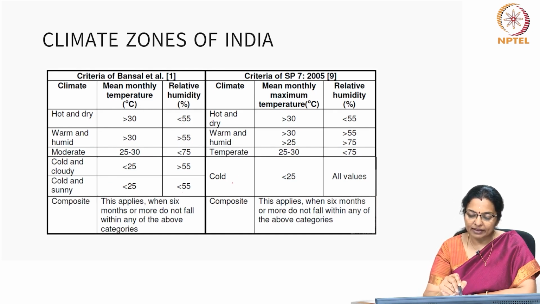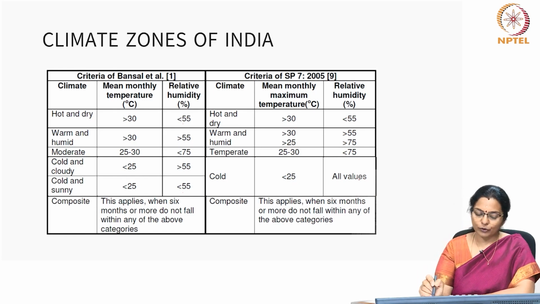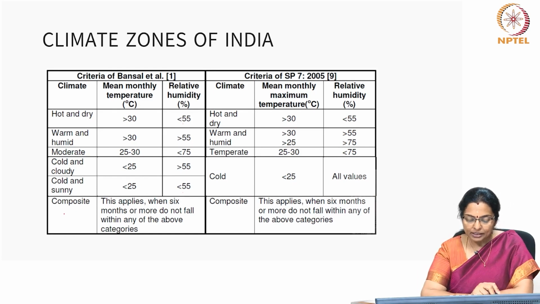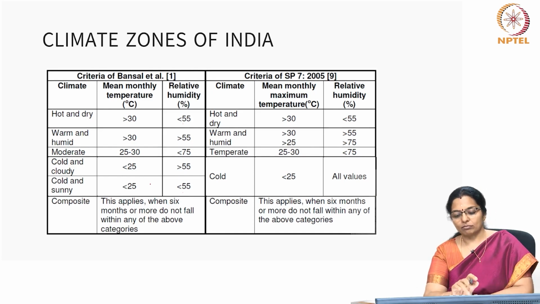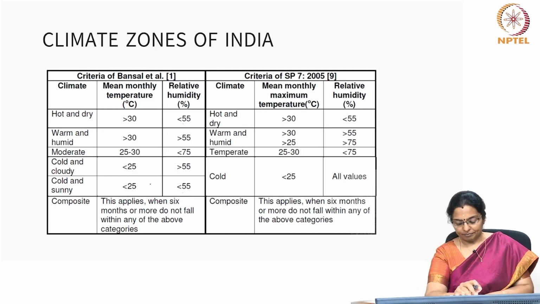Whereas SP7 gives only one, which is cold, where the mean monthly maximum temperature is less than 25 degrees centigrade for any values of humidity. There is composite climate and this applies when 6 months or more do not fall within any of the above categories, and it's the same with SP7.